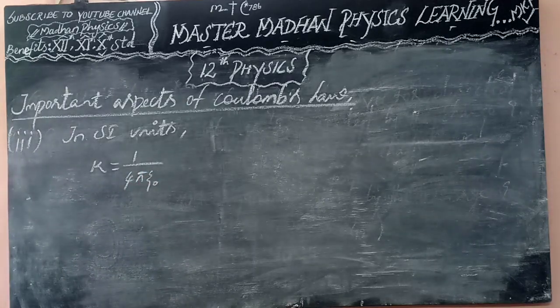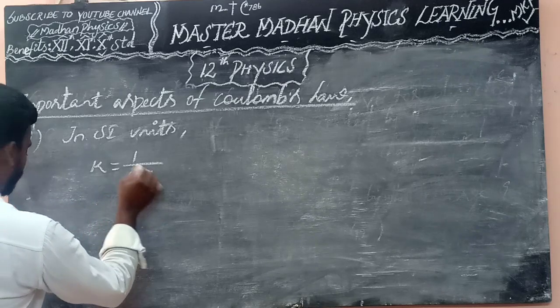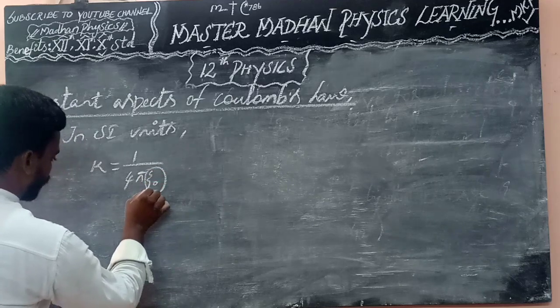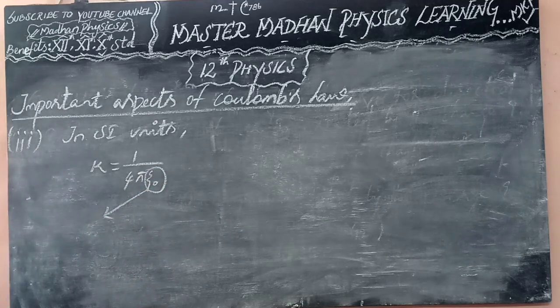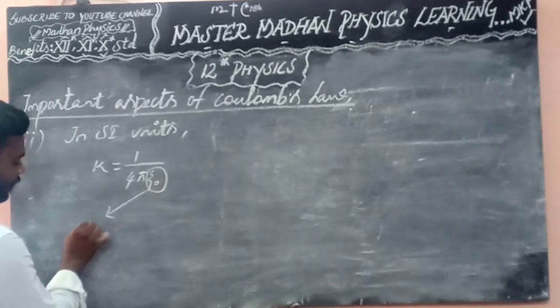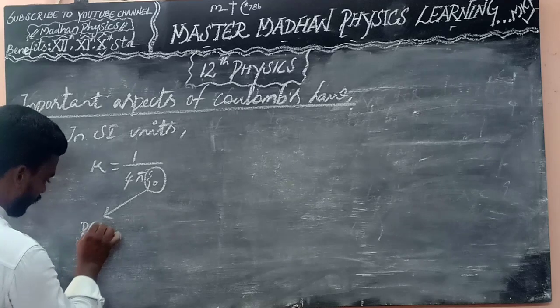Okay, so students, please listen. This epsilon naught is the permittivity of free space in vacuum.